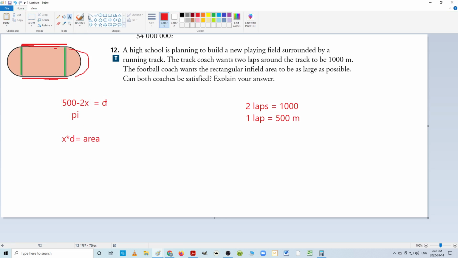If that's the case, down below, I can substitute this d down here for this. That's the same as d, which means if I put brackets around it, this x has to multiply everything.